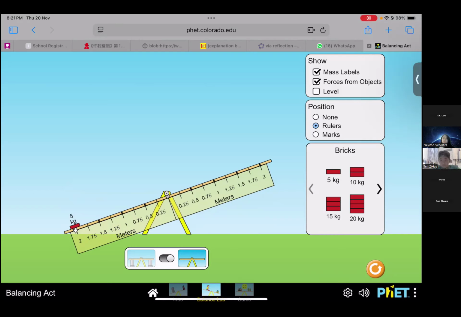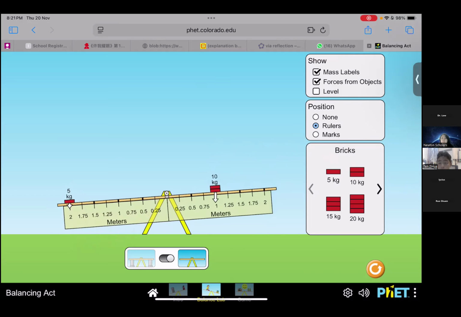Actually, it's 5 times 9.8 times 2, because 5 kg is in mass. If we're talking about moment, we should use force times distance. So the correct way is 5 times 9.8 times the distance of 2. To get back the same moment, we should put the 10 kg at 1.